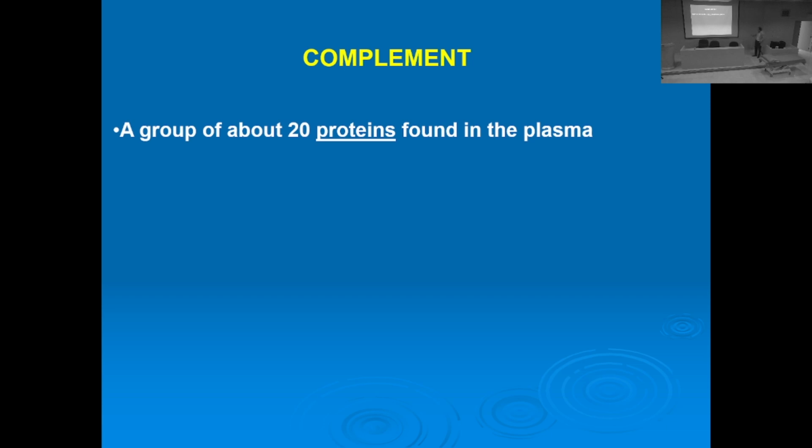And among the soluble factors involved in innate immunity, the major one is the complement. What is the complement? We call it complement because it complements the actions of immunoglobulins. It helps the immunoglobulins to achieve their objective. Okay, that's the starting point. It was named like this by Landsteiner a long time ago because of this reason.